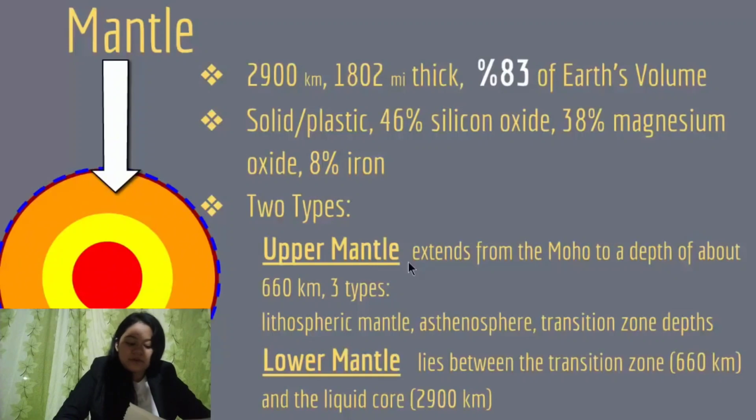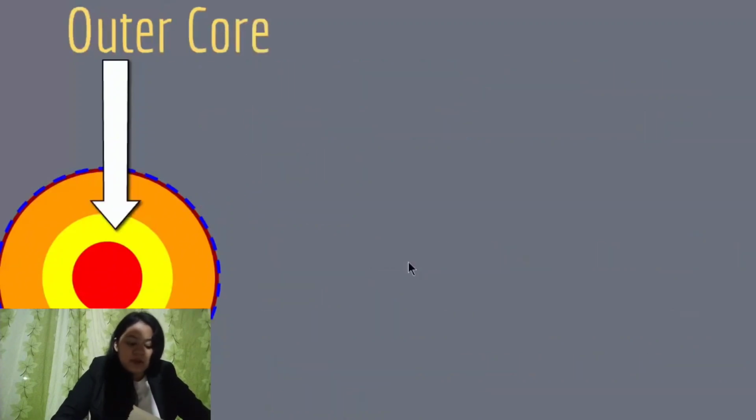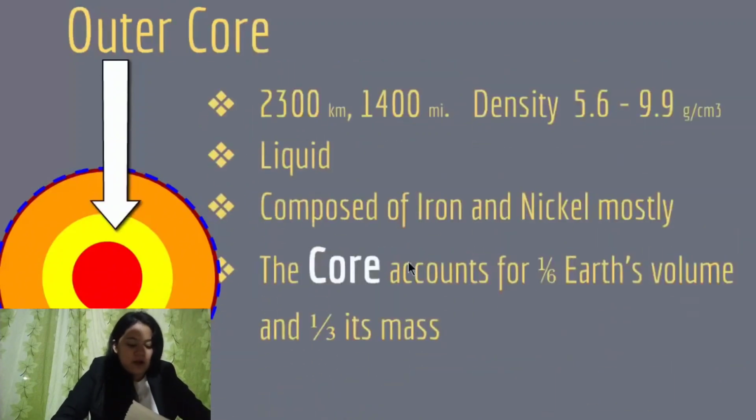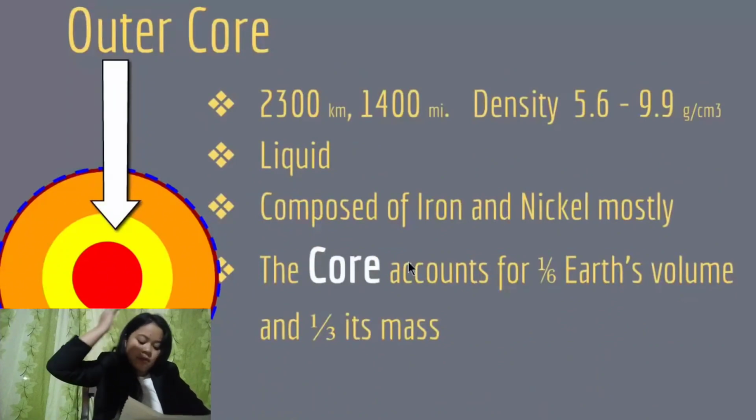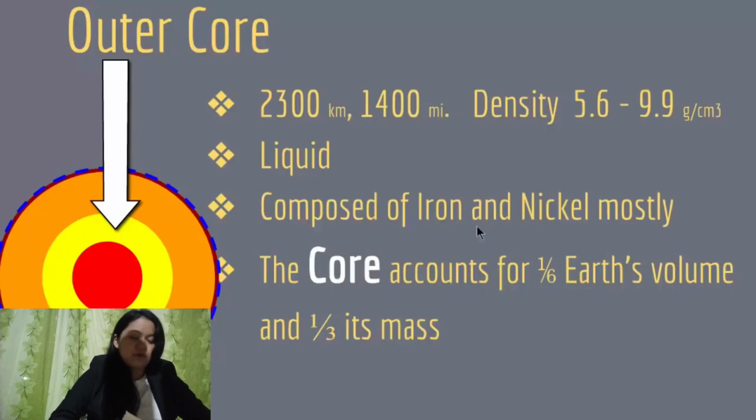After this comes the outer core. The outer core is about 2,300 kilometers thick, and the density of the outer core is about 9.9 to 12.2 grams per centimeter cube.